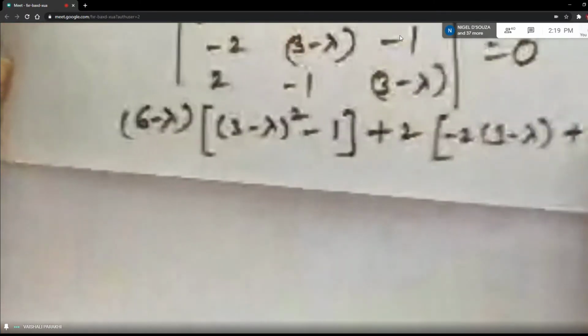So now, what are the terms we got here? It is 6 minus lambda.